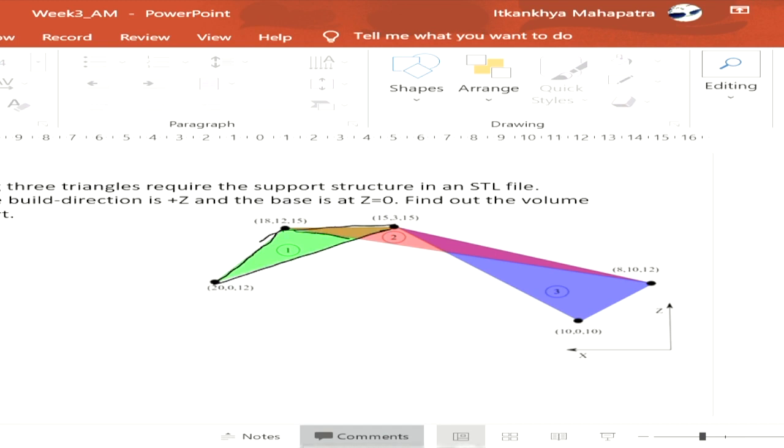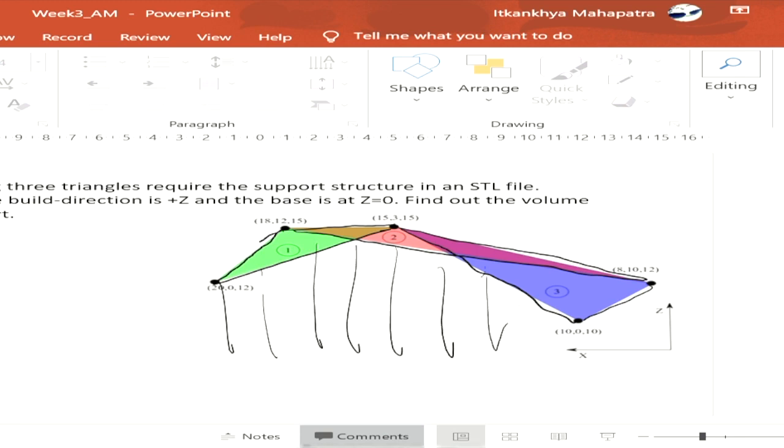Now this is triangle number 2 and this is triangle number 3. Okay, now here we need to consider that we need support. Okay, now we need to find out the volume of the support required.